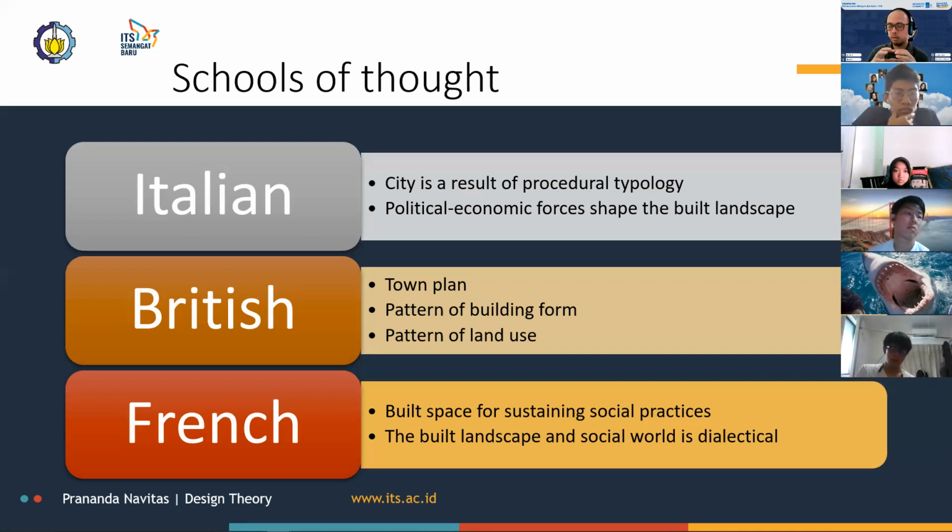So their philosophy is that the built space is for sustaining social practices, that the built landscape and the social world is a dialectical world.